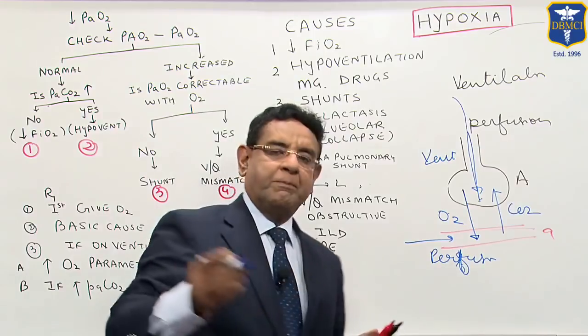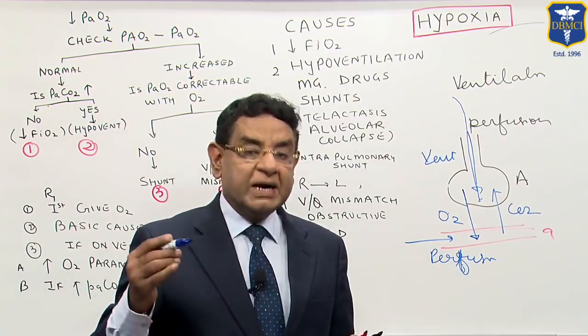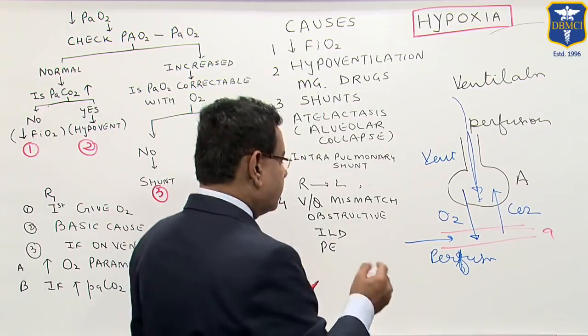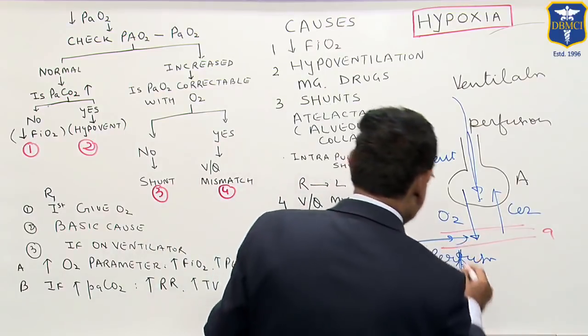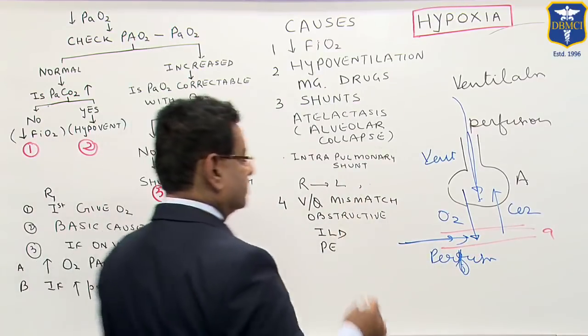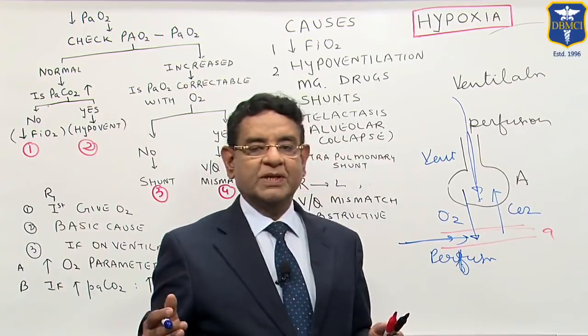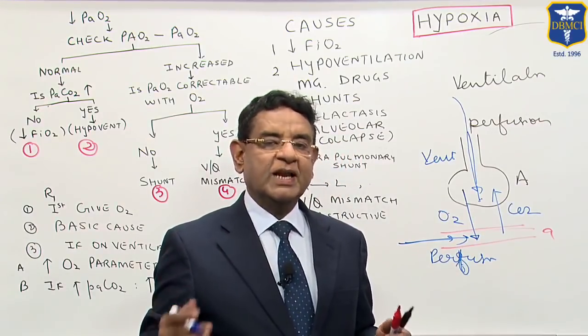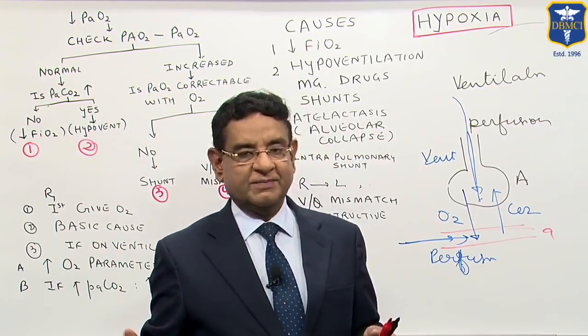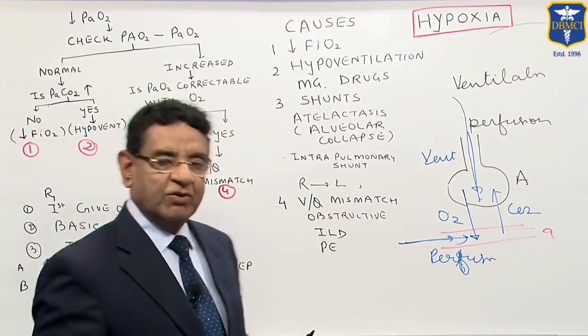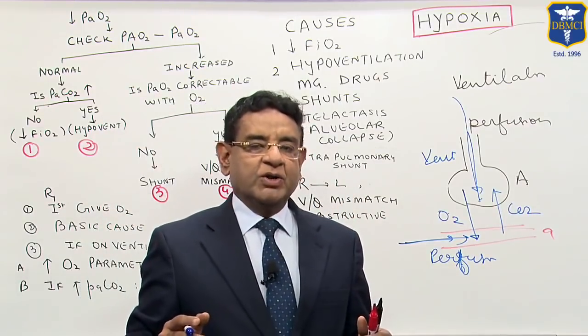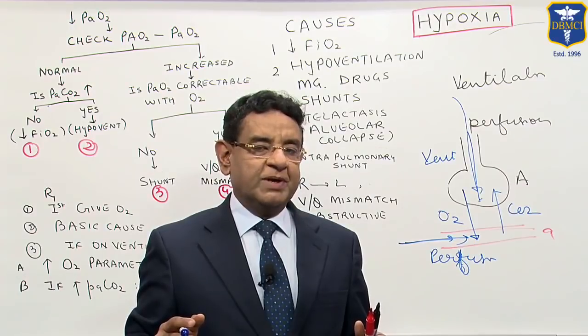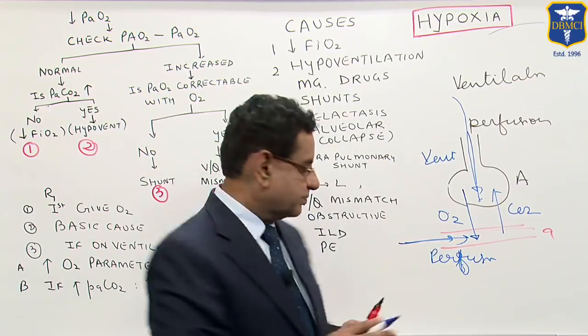Now in pulmonary embolism, the pulmonary artery is blocked, so blood will not perfuse, it will not come to capillaries or arterioles. So we say less perfusion is there. So this is the basic about what you mean by ventilation and what you mean by perfusion.